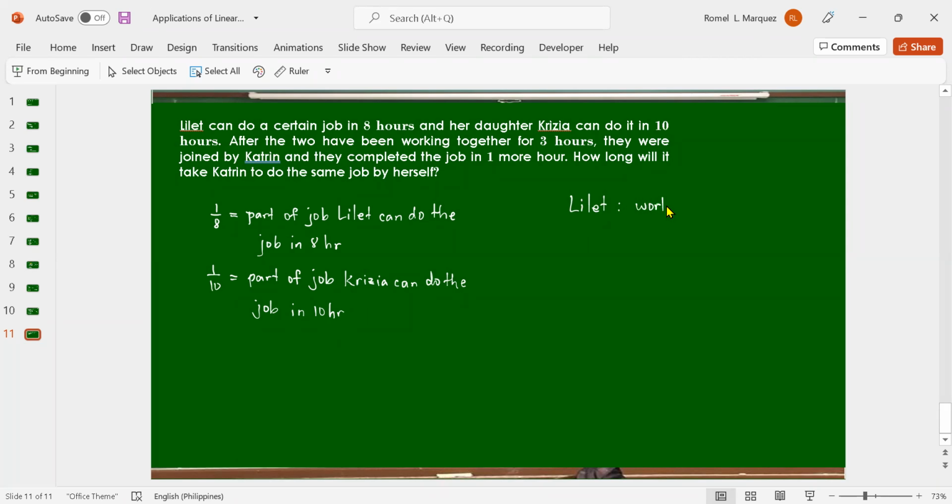Work for 4 hours to complete the job. Si Krisha, ito yung hint. Ilang oras siya nag-work? Work for 4 hours also. Yung 3 hours plus yung 1 hour. Kaya lang, yung last 1 hour, 3 na silang nag-work, unlike nung unang 3 hours.